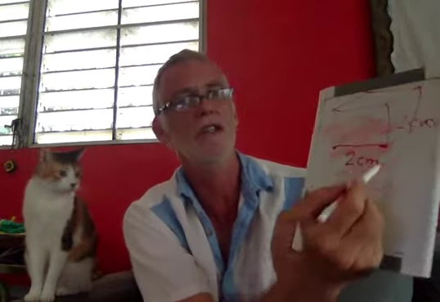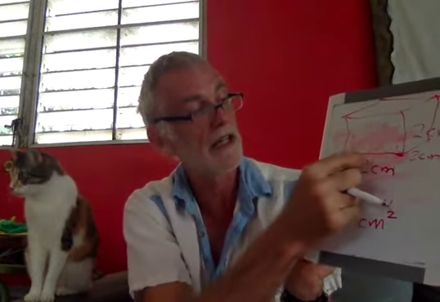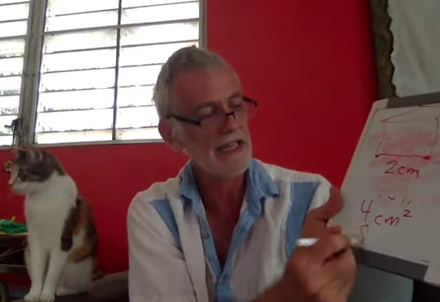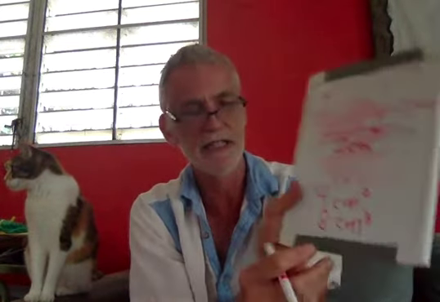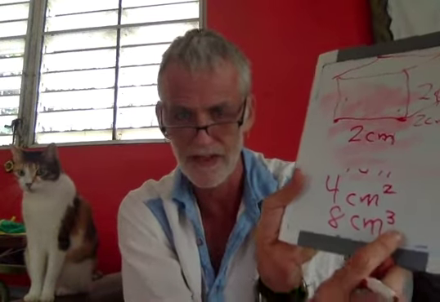This is also 2 centimeters. We multiply length times width times height: 2 times 2 times 2 is 8. 8 cubic centimeters. And you put a 3 up there. It's cubed. That just says it's space, 3-dimensional.